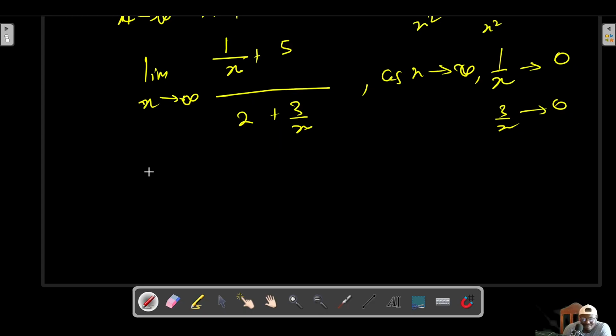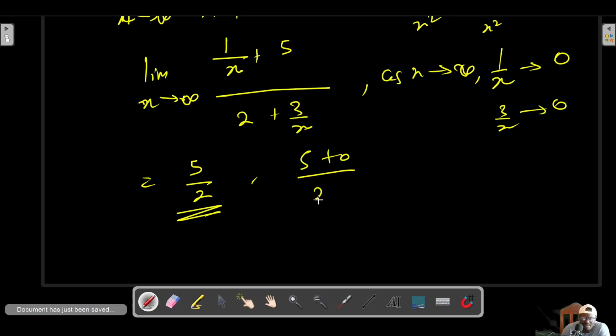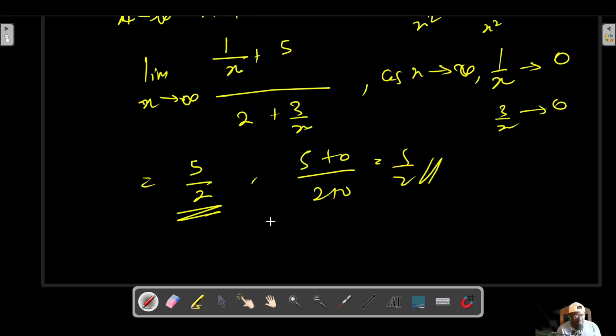So our limit becomes 5 over 2. If you want me to write it as 5 plus 0 over 2 plus 0, which is 5 over 2. I believe this is quite understandable.